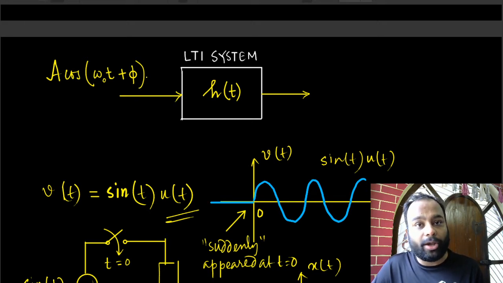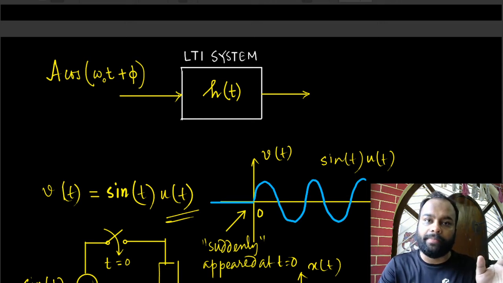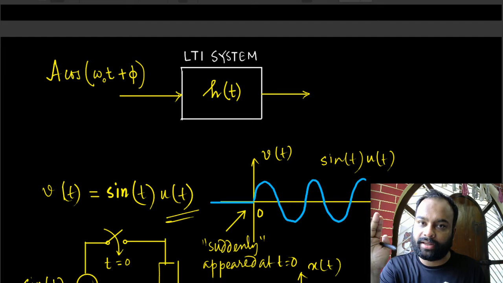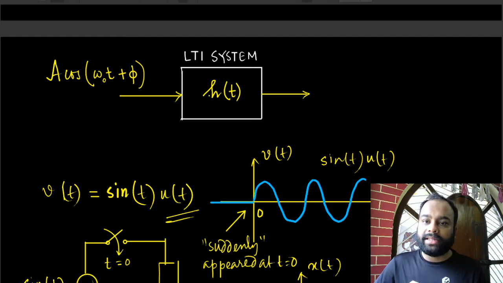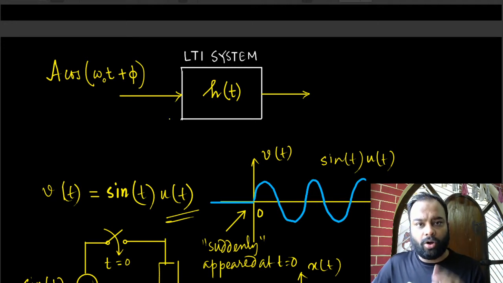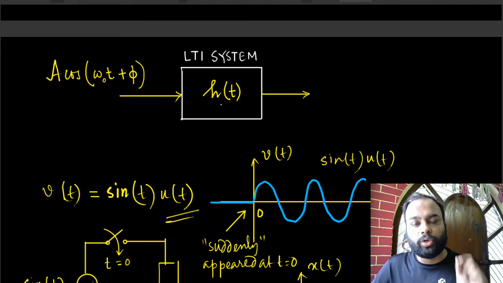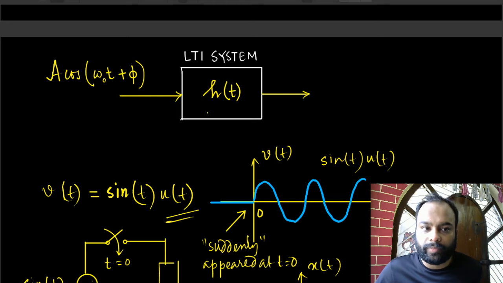But since I don't have a u(t) multiplied with this, it means that this signal has been there for a very long time, and as such, this circuit or this system had enough time to reach its steady state. Get the point?